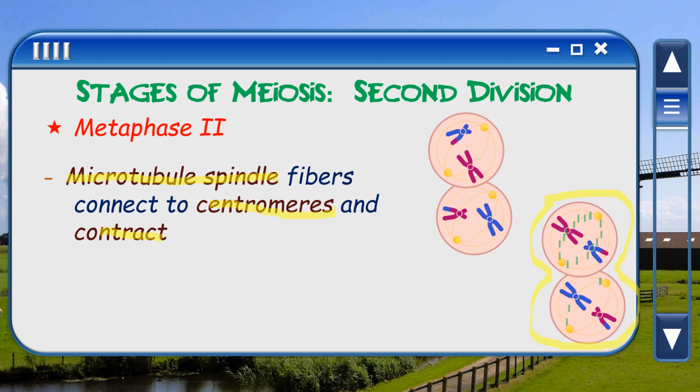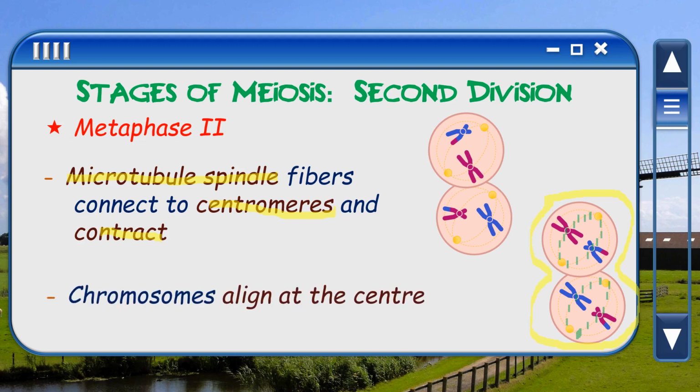We have the spindles moving from the centrosome and attaching themselves to the centromere of the sister chromatids. That's what happens first, and after that they start contracting.